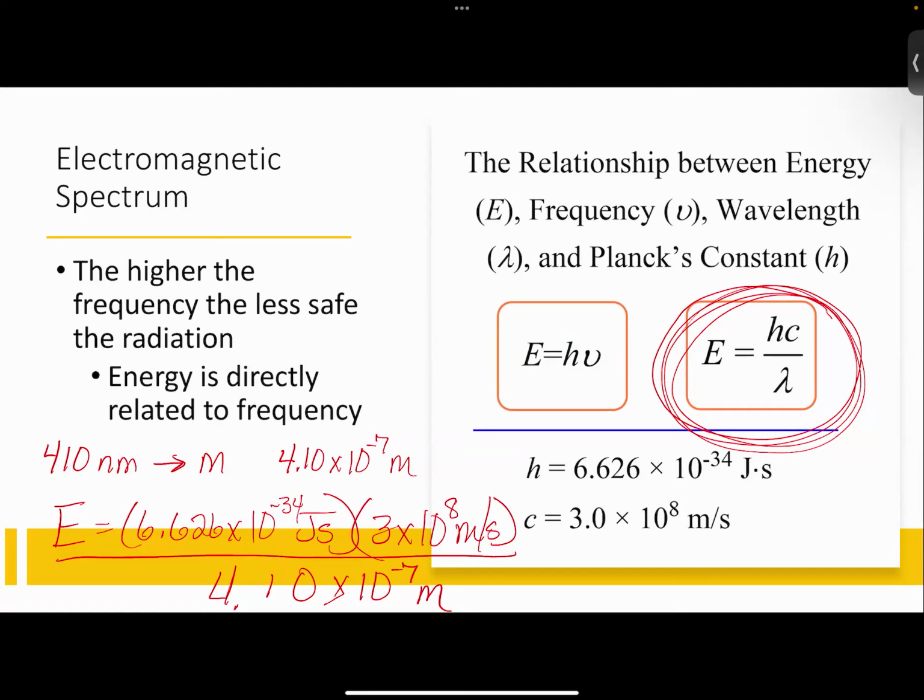And energy will be 10⁻¹⁹ joules. What I just gave you is true every time you're dealing with visible light, meaning you have ROYGBIV colors.